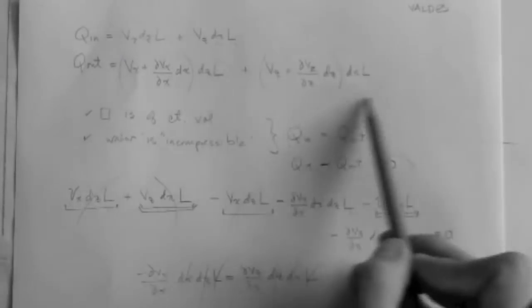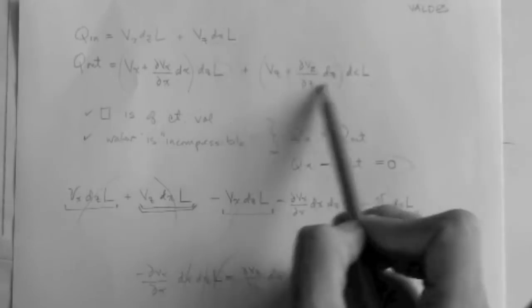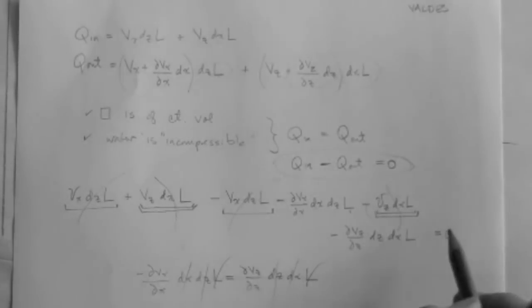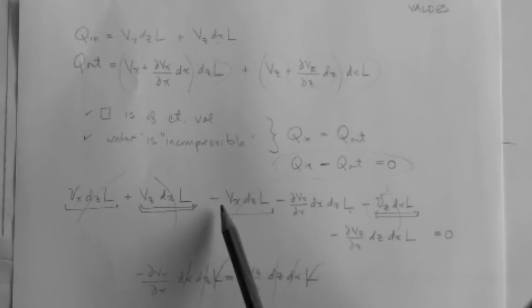Same thing goes for this one. This is expanded into 2. That times that plus that times that, which over here means that it's minus that minus that. And that summation is equal to 0. By summation, I mean that there are also negative terms that are summed.